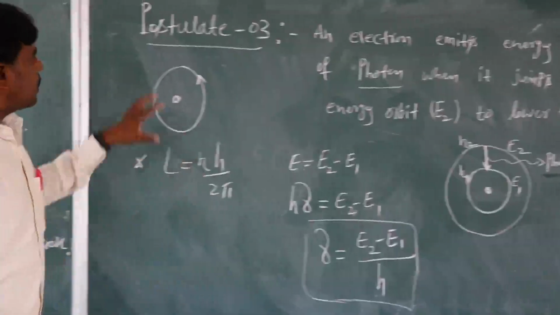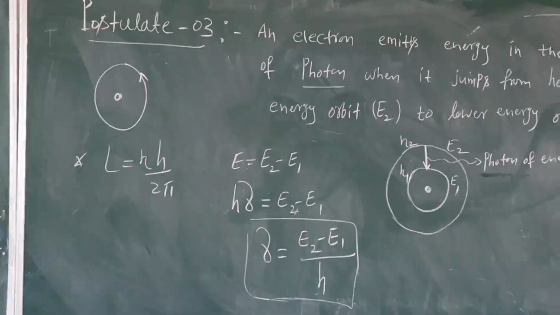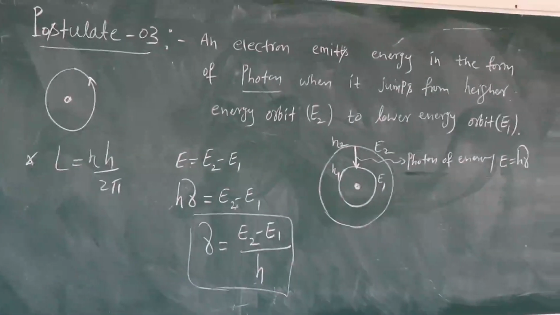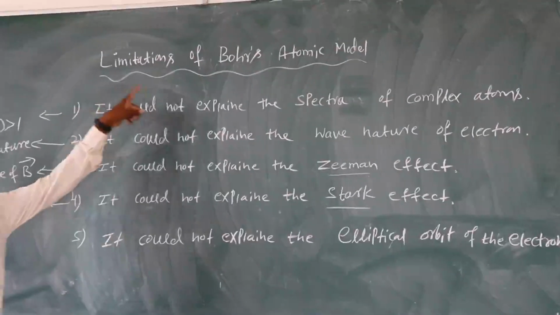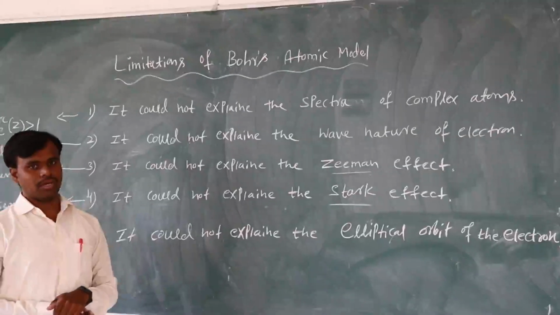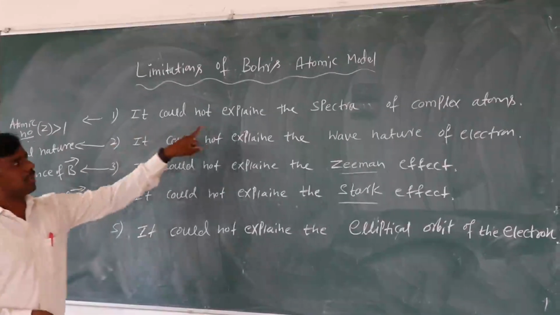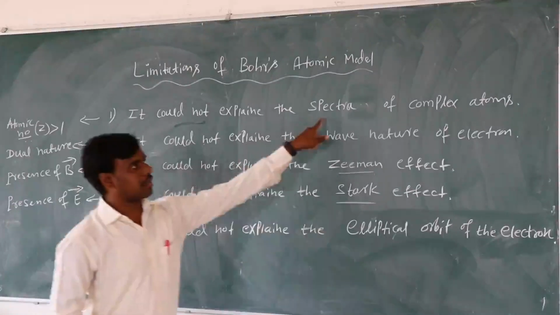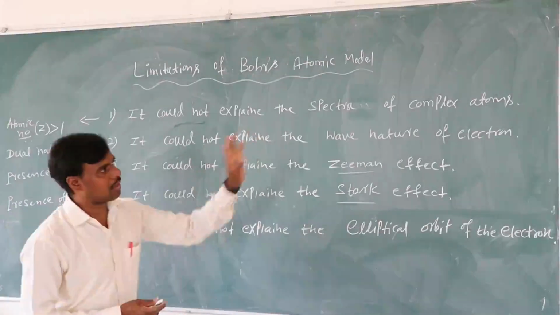But the Bohr model also has some limitations. They are the drawbacks of the Bohr atomic model. First one is, Bohr atomic model could not explain the spectra of complex atoms. What is meant by spectra of complex atoms?